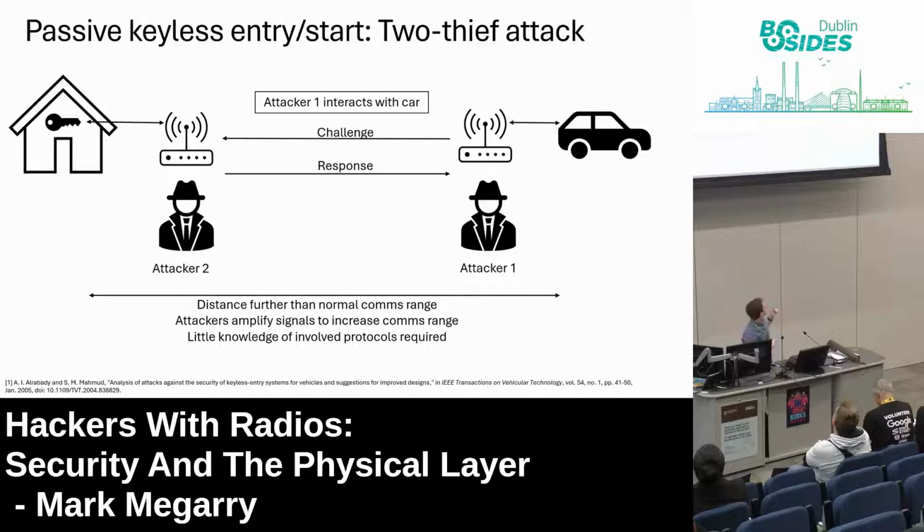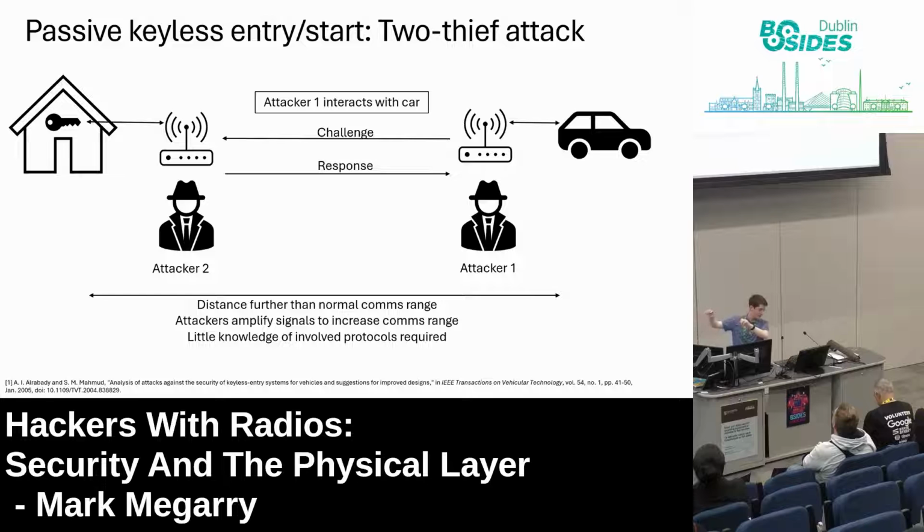We have an attacker next to the car with an antenna, who then pulls on the door handle. The attacker receives the challenge from the car, sends that over to the other attacker through some higher power method than the key has. So the attacker sends this challenge over a very long distance. Then the attacker next to the house forwards that onto the key.